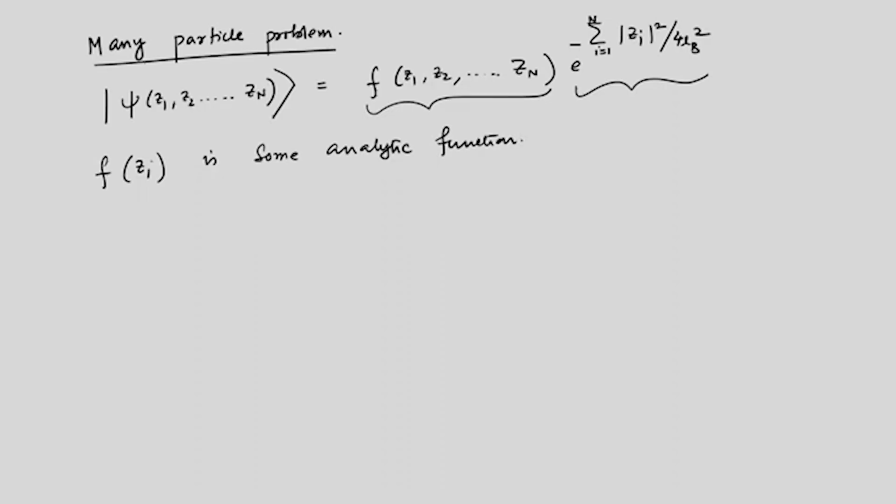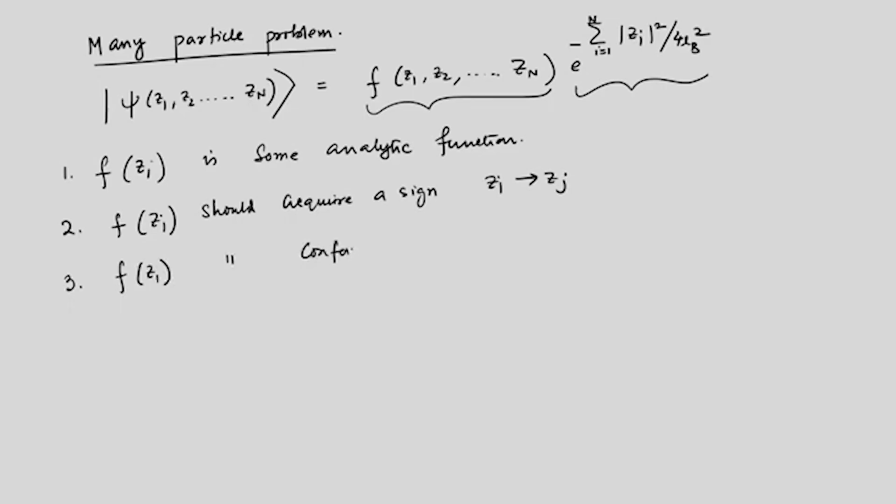And as I said, this is 1; 2 is that f of zi should acquire a negative sign if zi is swapped with zj. But two such swaps will again get back the sign. And of course 3 is that f of zi should conform to the Pauli exclusion principle.